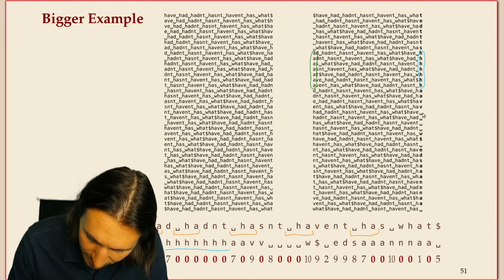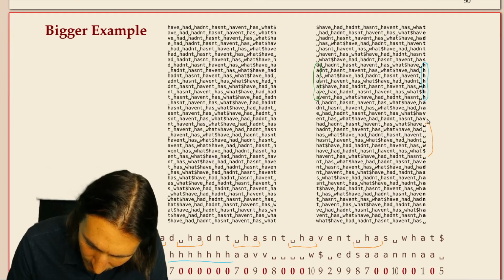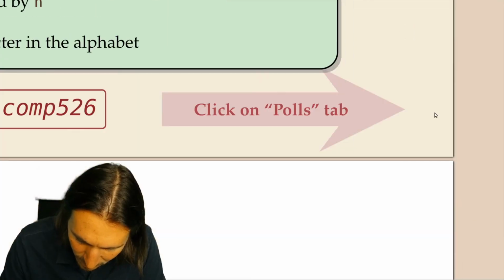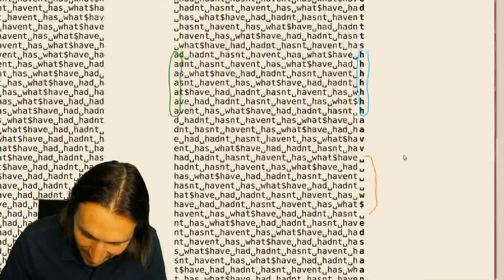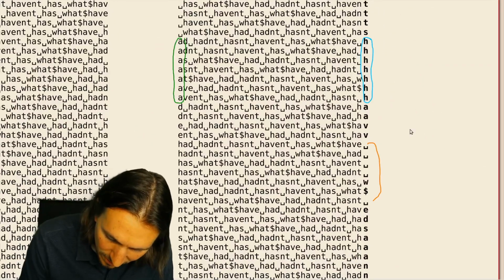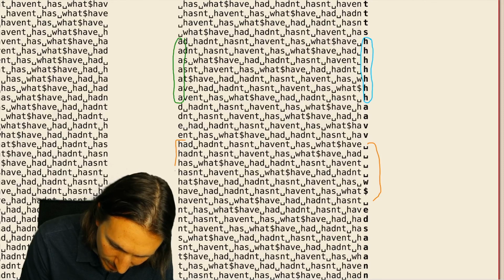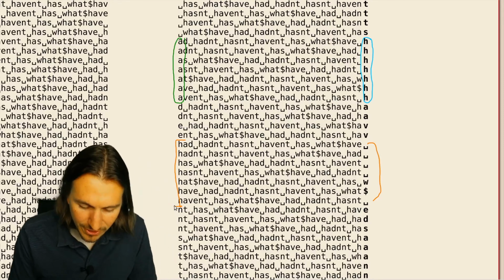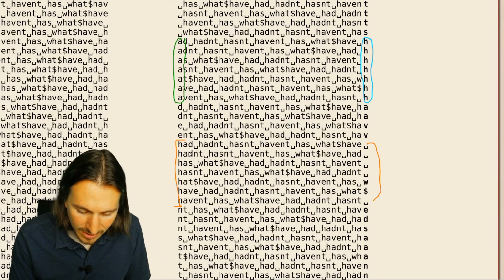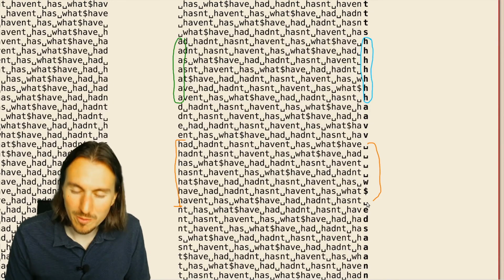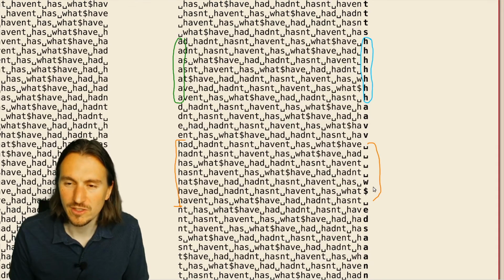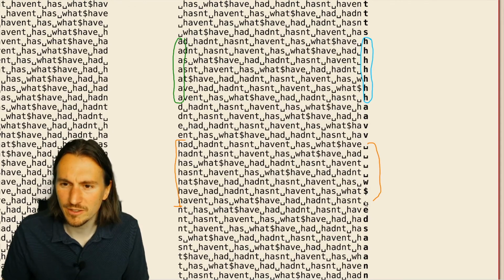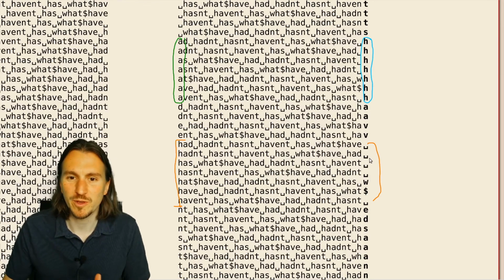For example, here, if you look at this, these are all the suffixes starting with HA, but not all of them are preceded by a space. There's also these two other cases. So even though you have this repetition, you don't get a clean run, you just get a local cluster of the space in the BWT.